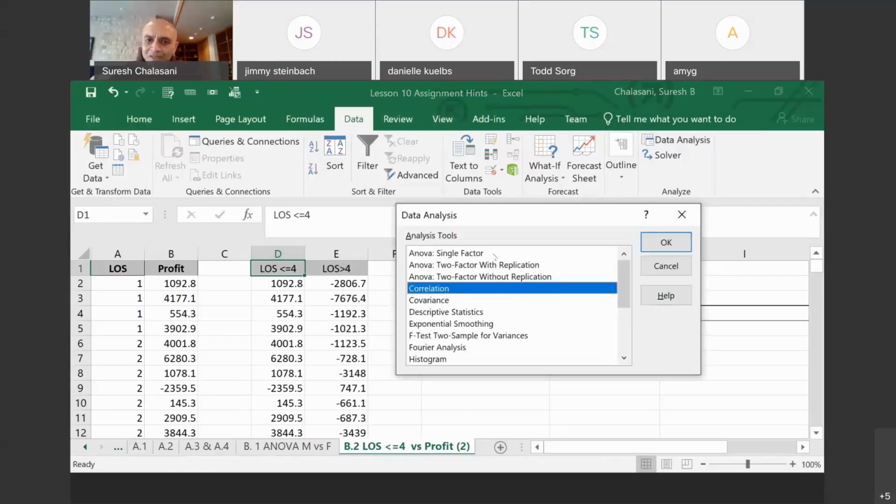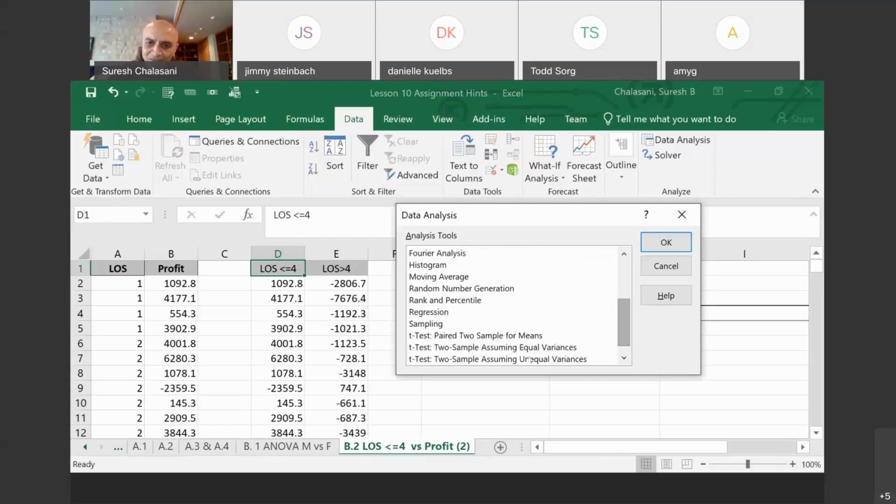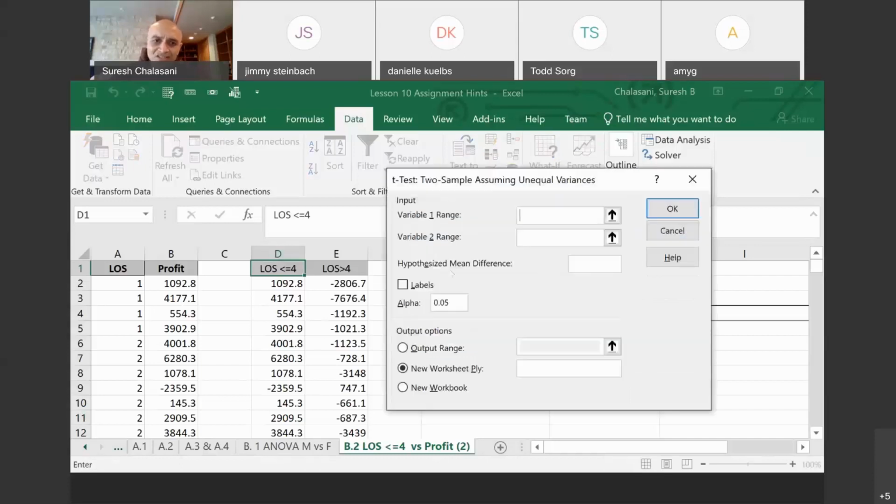So let's go through a t-test with perhaps unequal variances. I'm not sure how the variances of this data compare, whether they are relatively close to each other or not. So I'm going to run this with unequal variances.